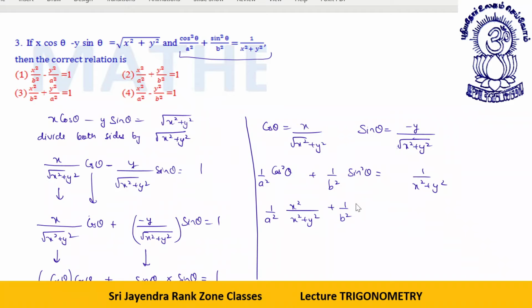Sine square theta will be read as, this is negative, square will be positive, y square upon x square plus y square in the bracket is equal to 1 upon x square plus y square. I can cancel 1 by x square plus y square from everywhere. Cancel 1 by x square plus y square from both sides.